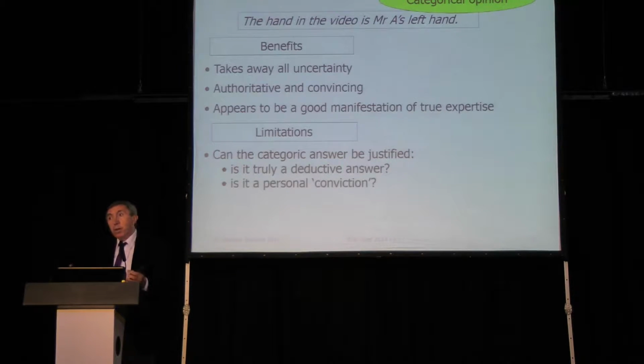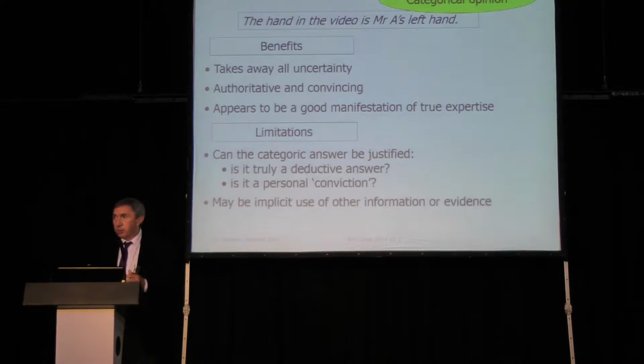Now there's this thing about, well, is it a personal conviction? Is it a personal conviction of the expert with many, many years standing, many, many cases? And I think a lot of the evidence that we see like this from experts is a personal conviction. Now, those of you who are statisticians will know there is a third way of arriving at a categorical conclusion, but we'll maybe not go down there just for the moment.